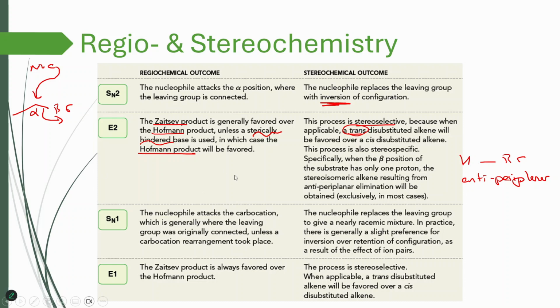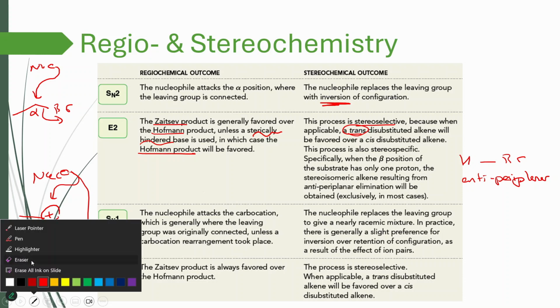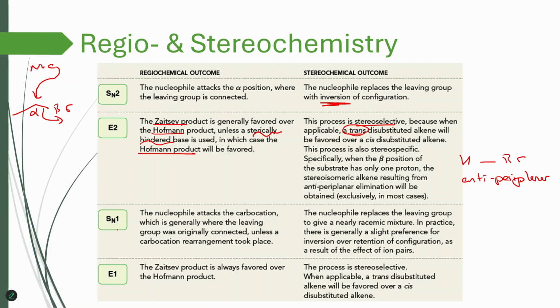And then the SN1 reaction. In SN1, because you have formed a carbocation, and a carbocation is planar, it has two faces, so you can actually form a racemic mixture. Your nucleophile can attack from, let's say, top and bottom at the same time, or from right and left. It depends on how you position your planar carbocation. As for regiochemistry in SN1, you will form, let's say, this kind of carbocation, and you can have some kind of rearrangement.